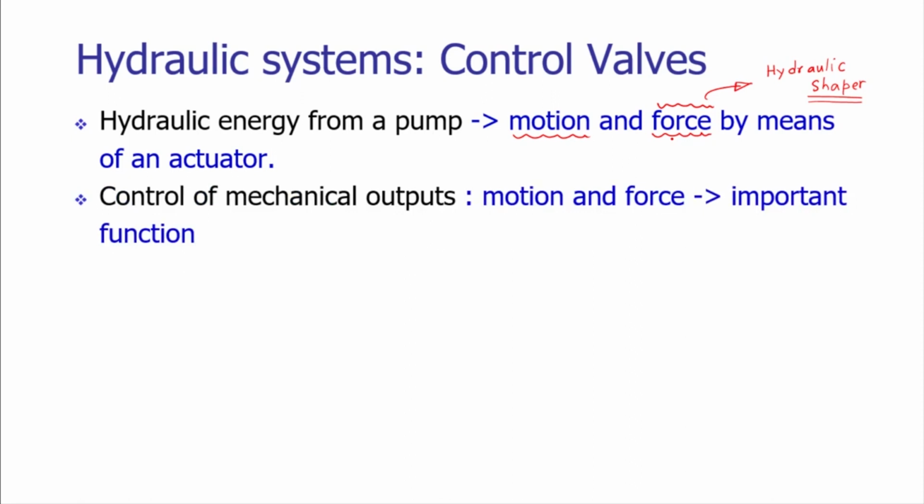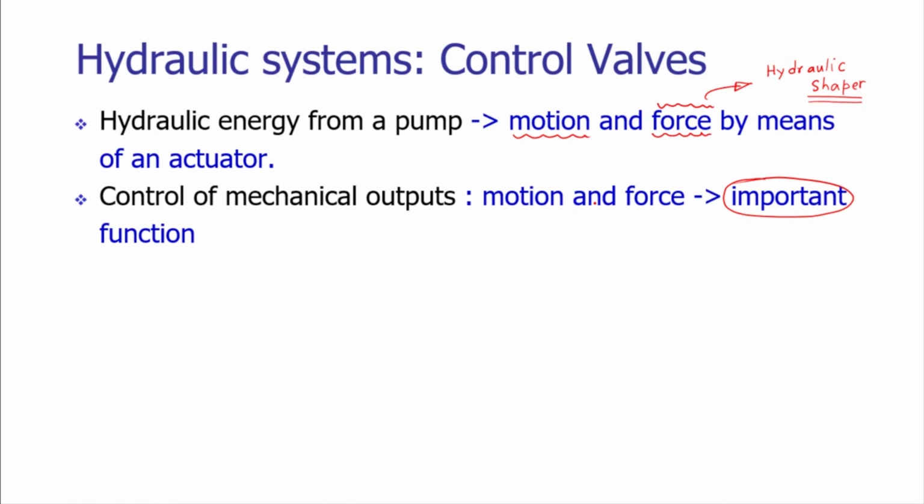When we are getting these motions and force, it is very essential for us to control this motion and force. So uncontrolled forces are not useful for us. Whatever the desired force required, the system should generate that required force only.